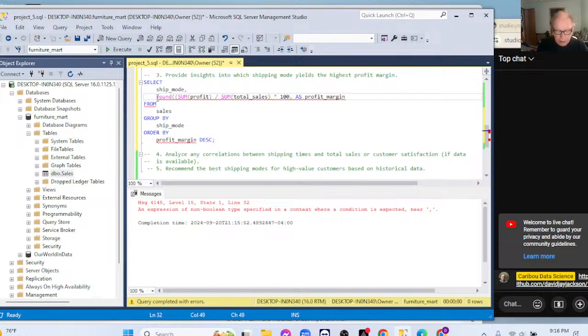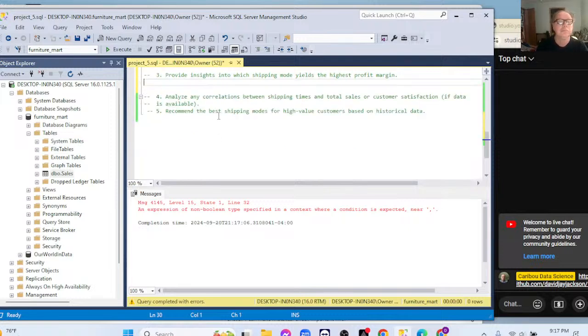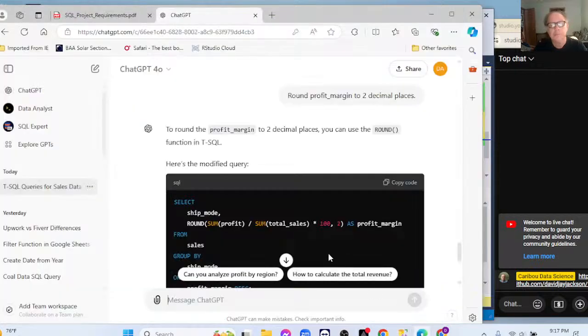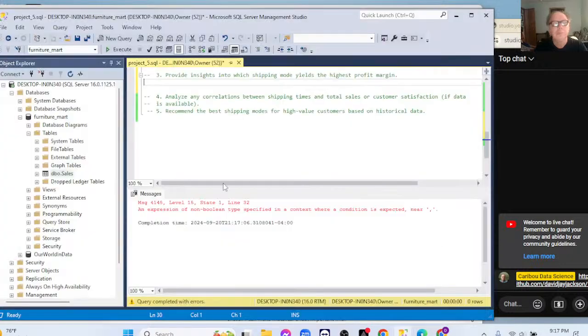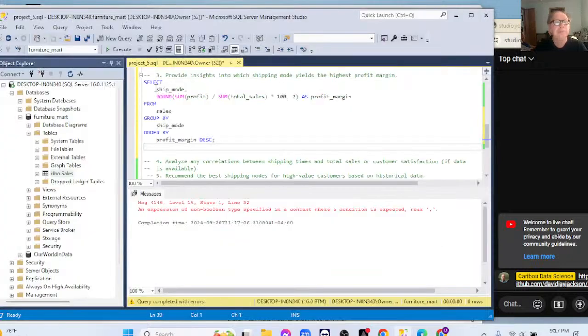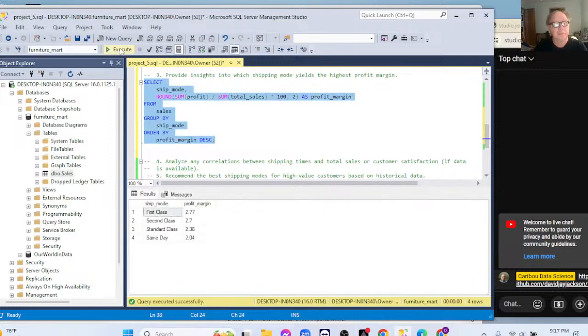You have to round the entire formula. Now, so first class has the highest profit margins, kind of.